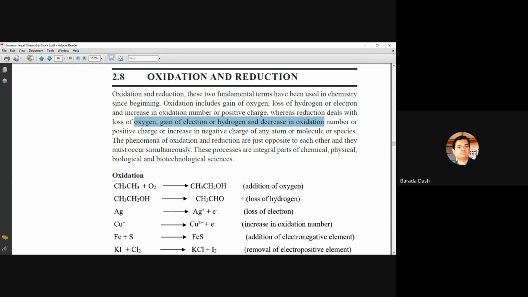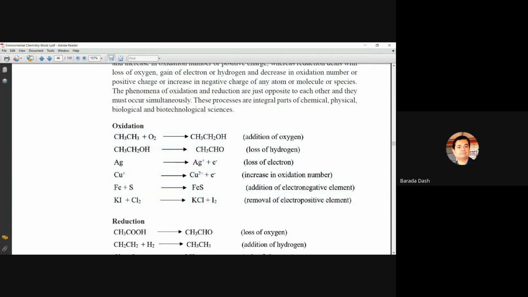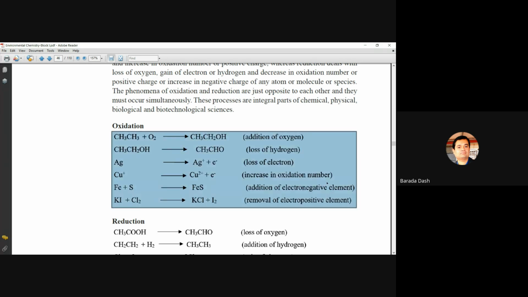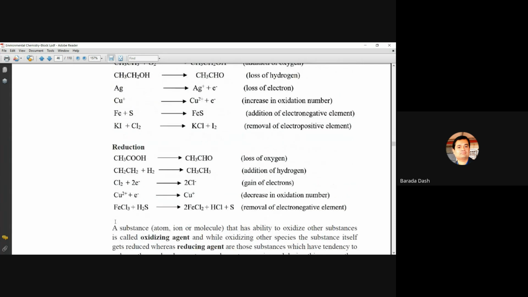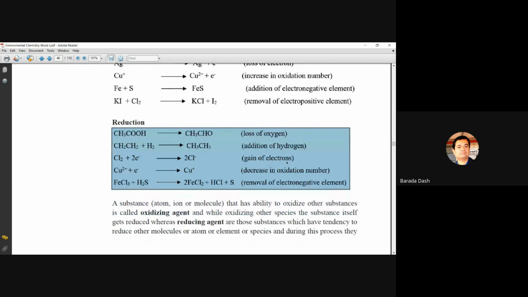Okay, so oxidation: when ethane is oxidized, it gives you ethanol. When ethanol is oxidized, it gives you aldehyde, with loss of hydrogen. Ag gives you Ag plus and an electron, loss of electron. So these are oxidation processes. Reduction process: a loss of oxygen. There are two oxygens in acetic acid, and acetaldehyde is forming, loss of oxygen.